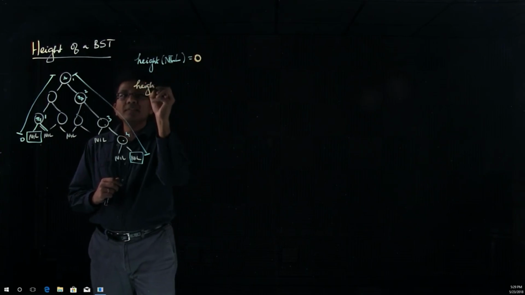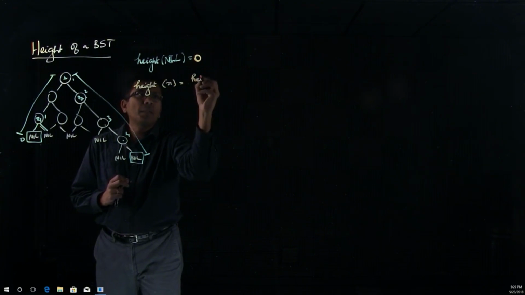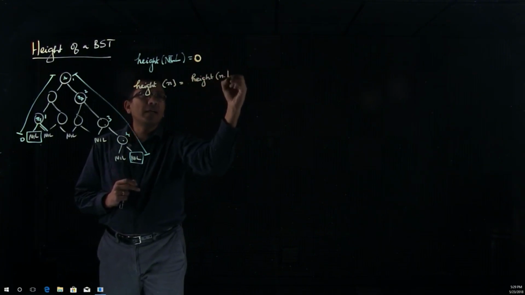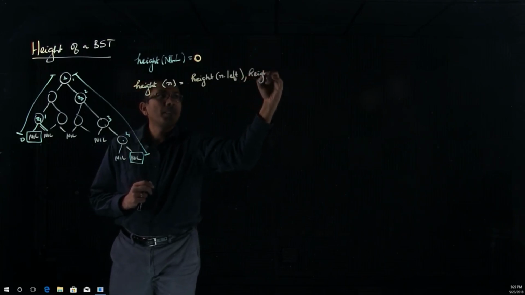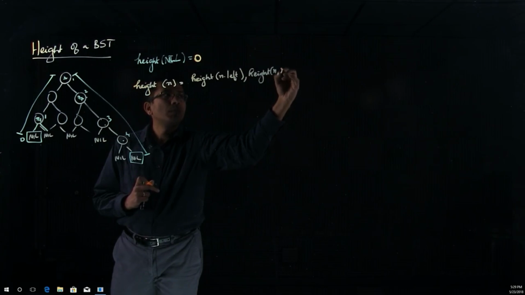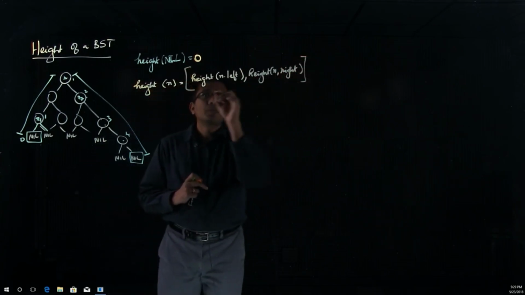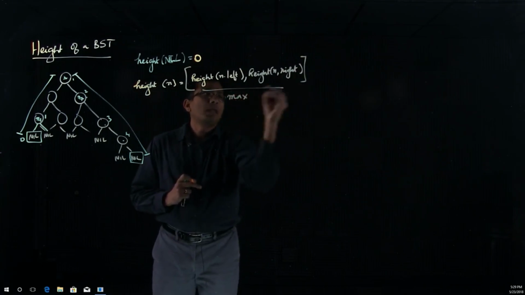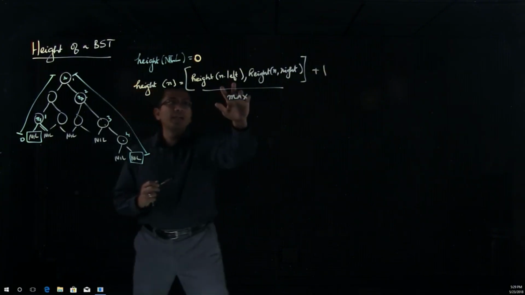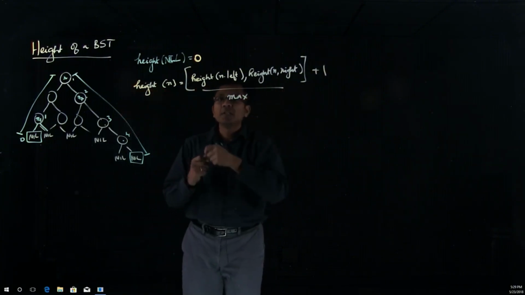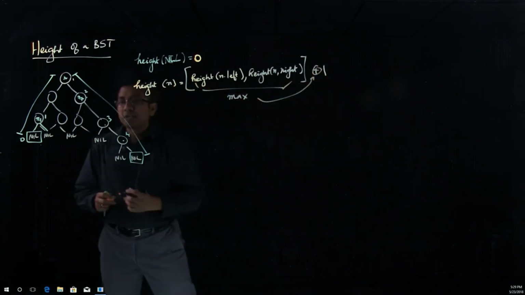Height of a node is recursively defined as: take the height of n.left, take the height of n.right, take the max of these and add 1. So take the max of the height of n.left or n.right, whichever one is larger, and add 1 to the result, and that gives you the height of a node.